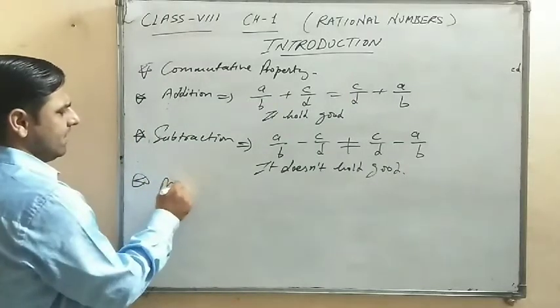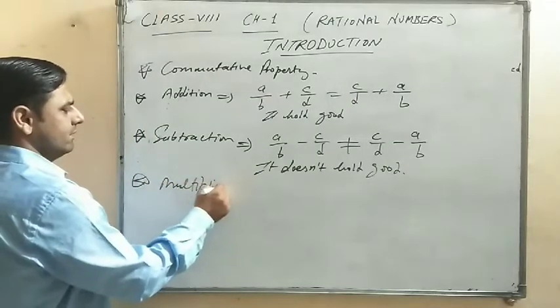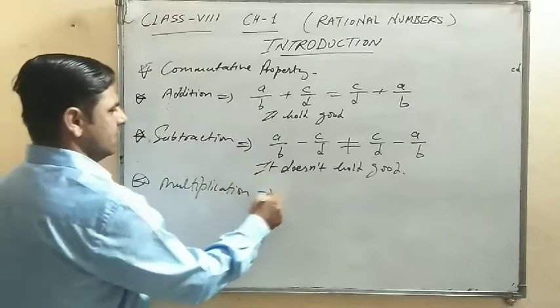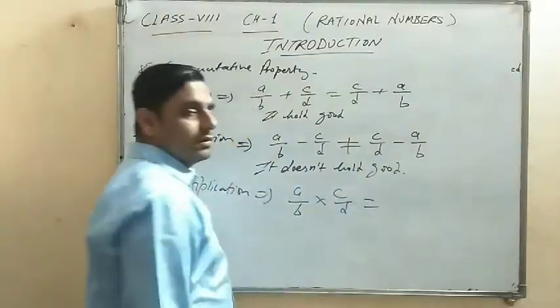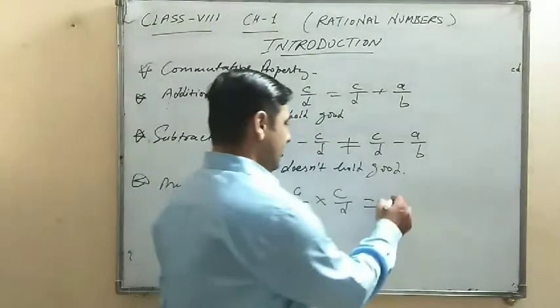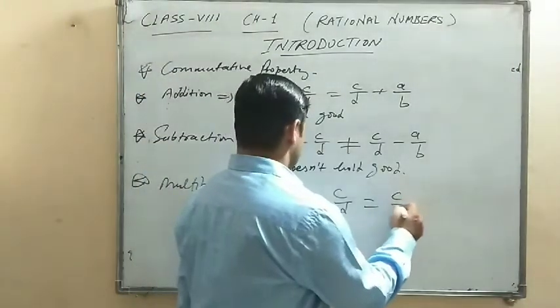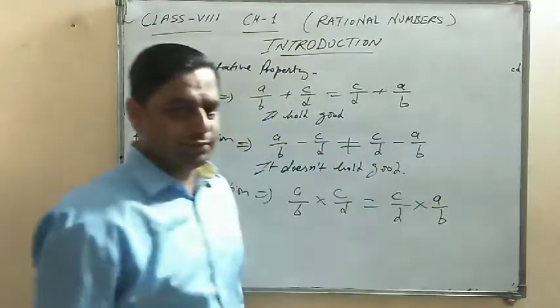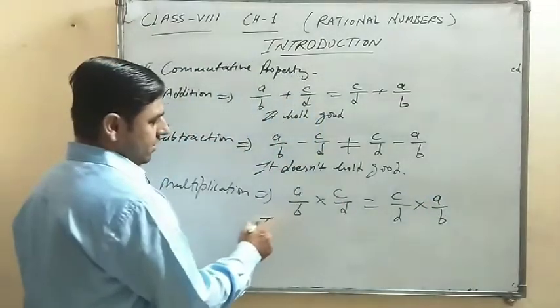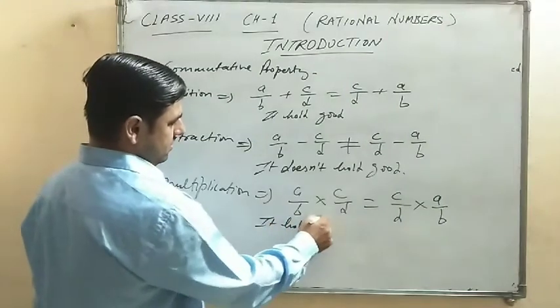Third is multiplication. When you multiply both rational numbers, you will get the same result with the changing of order. So it holds good.